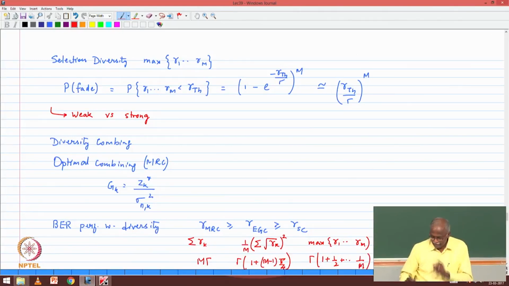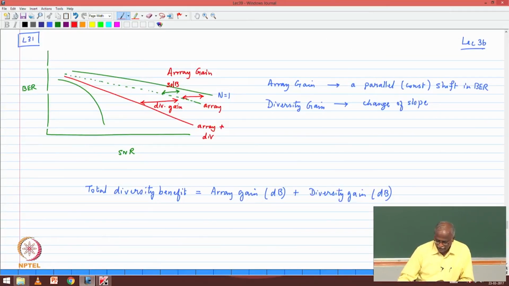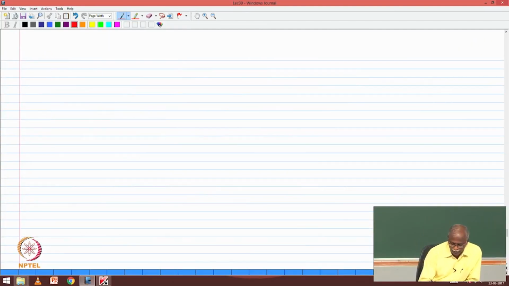Okay, and in the interest of time, let me just summarize the last statement: when you take the MRC expression, you can split it into array gain and diversity gain, recognizing that receive diversity techniques give you a combination of both benefits. On the other hand, if you are limited to TX diversity, then you will give up the array gain, but you will still get diversity gain, but you will need knowledge of the channel at the transmitter.